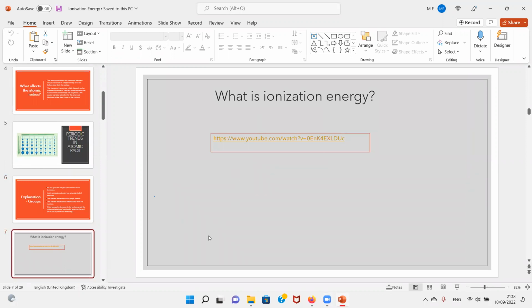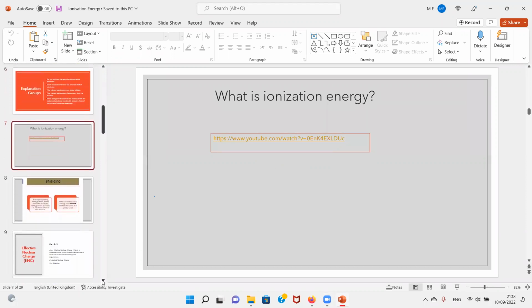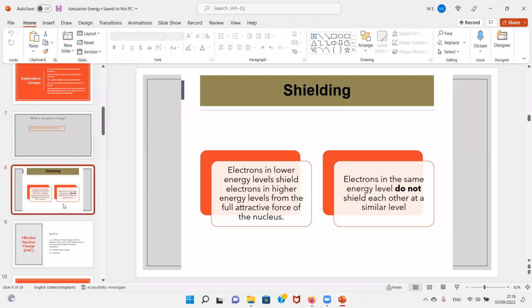Okay, so what is ionization energy? Ionization energy, firstly, I would advise you to look at this video, but let's move on and see the definition of it.